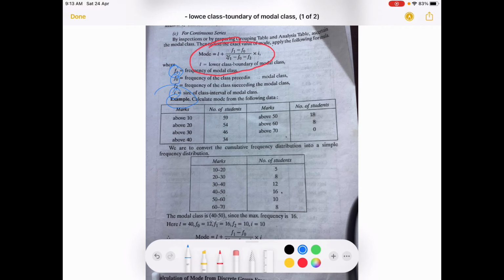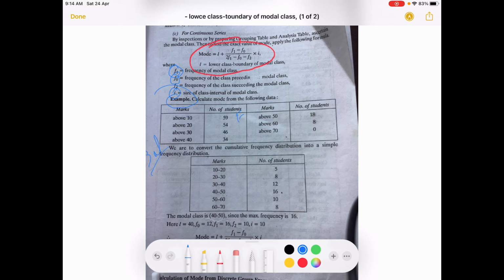Since you are asked to find mode, they have given frequency and marks. Now what you have to do is, first write the solution, then convert these marks into class boundaries. They have written above 10, 59, above 20, 54.